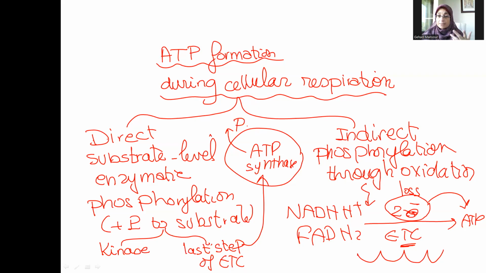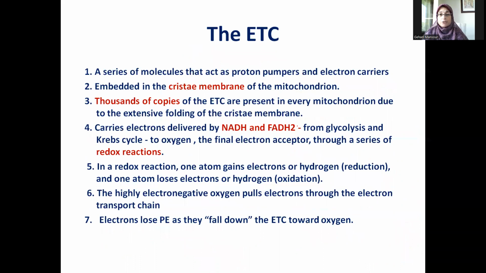So you're actually adding phosphate directly to ADP plus the produced energy to form ATP. So again, although ATP synthase is the last step of the indirect process of oxidative phosphorylation, the ATP synthase reaction itself is a direct substrate phosphorylation.